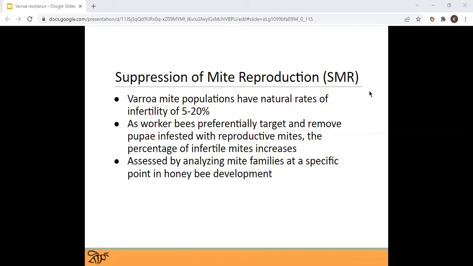Research has shown that VSH is one of the main factors contributing to the increase in the proportion of infertile mites in the colony, because the VSH bees pull out reproductive mites. But there is also another mechanism going on that suppresses the mite reproduction from the inside. The larvae has some effect on suppression of mite reproduction as well.